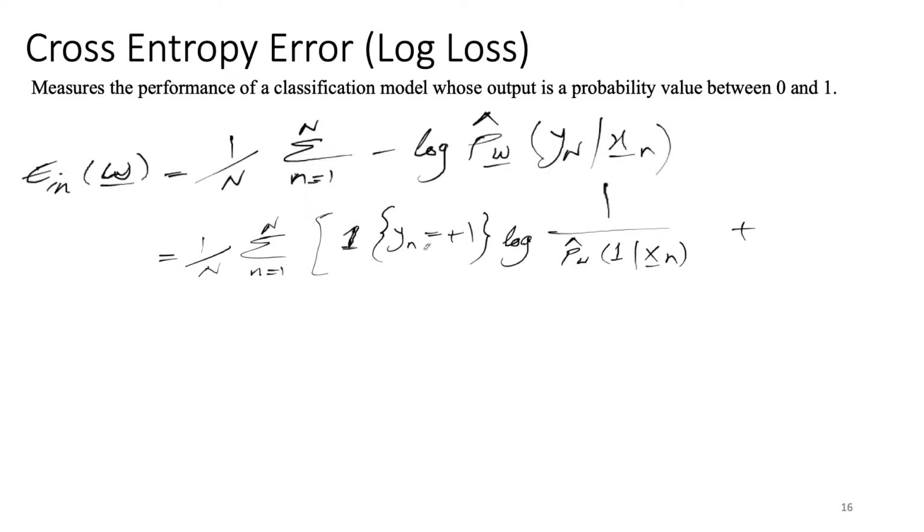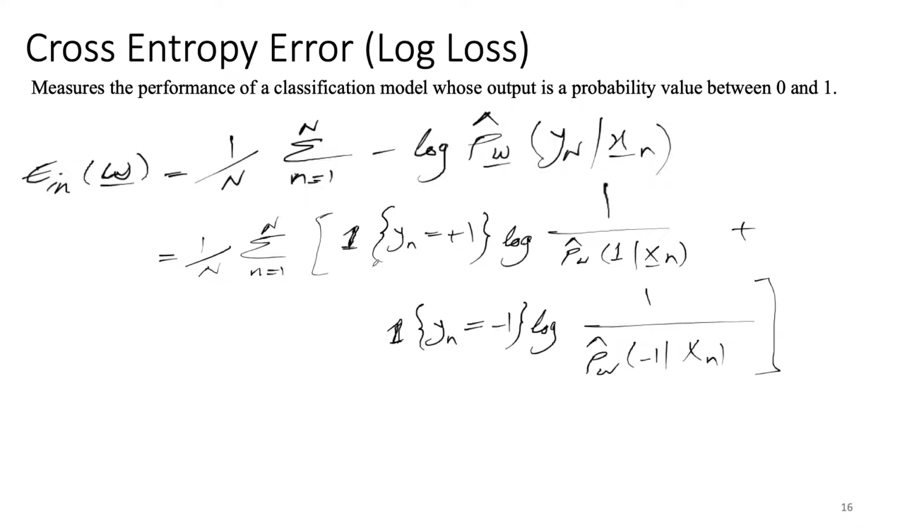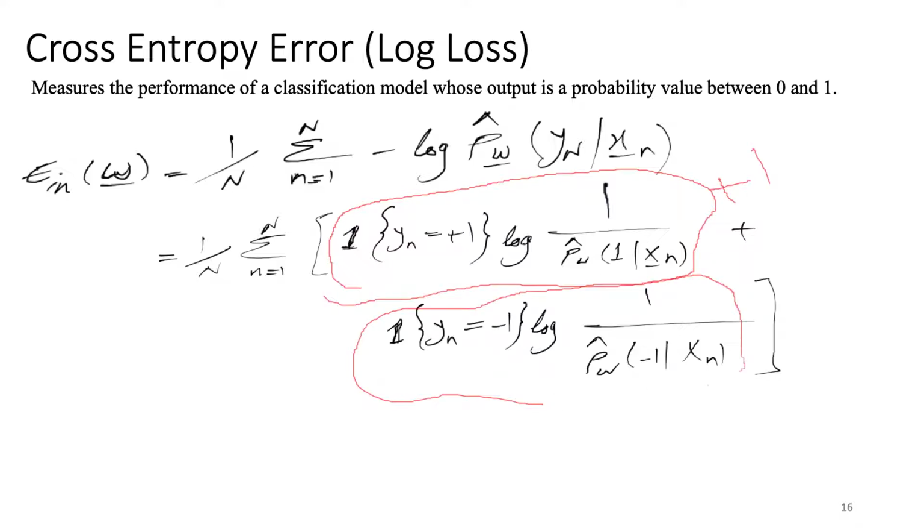If you expand that, we have two classes in the case of binary. So it's an indicator of y_n equal to 1. It's going to output either 1 or minus 1, right? So in both cases, you have one term for the case of plus 1, and you have the rest for the case of minus 1.